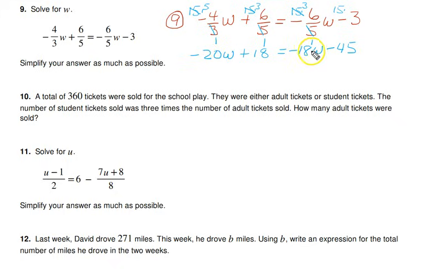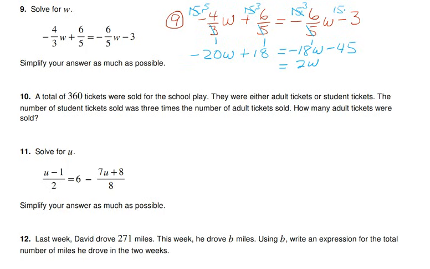Now we want to try to keep our w's positive if we can. So I'm going to transpose this. And here it becomes a positive 20w, so this is a 2w. I'm going to transpose this, so here it becomes a positive 45.